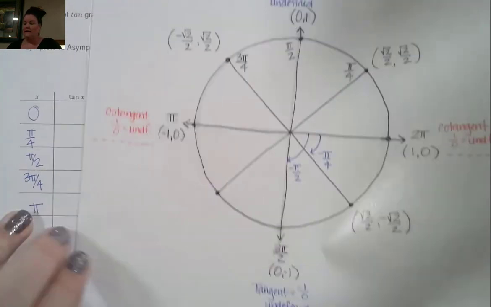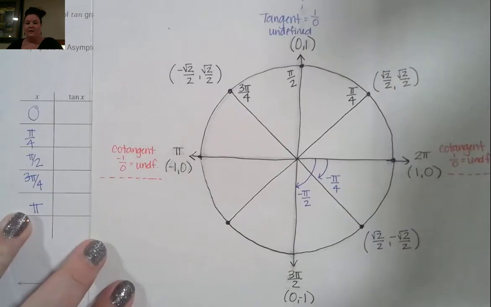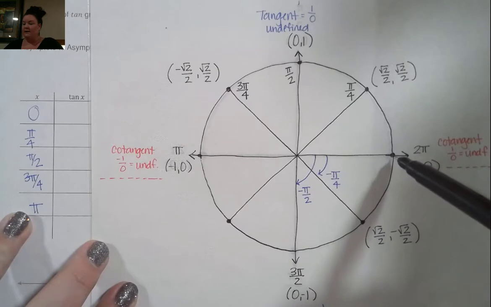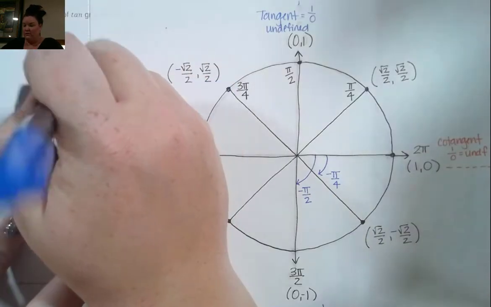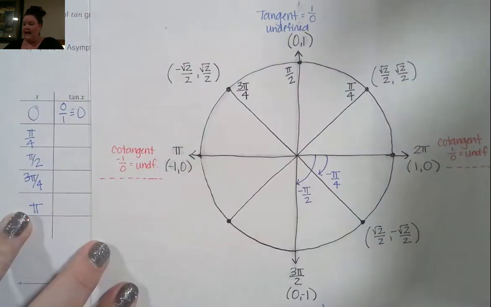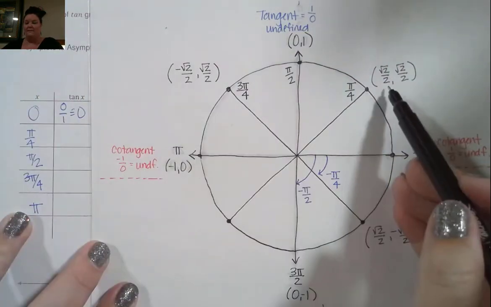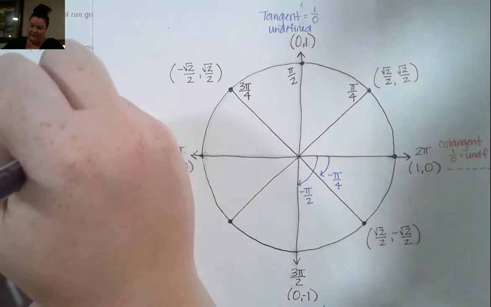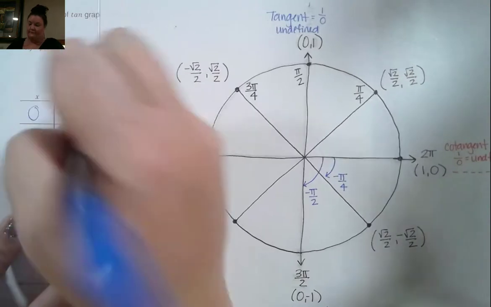Our tangent values as we go around the circle, at 0, remember our tangent value here, y over x, was just 0, because we have 0 over 1, right? At pi over 4, we had the same number divided by the same, right? Same over same equals 1.